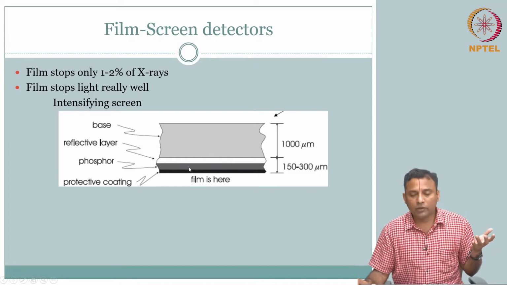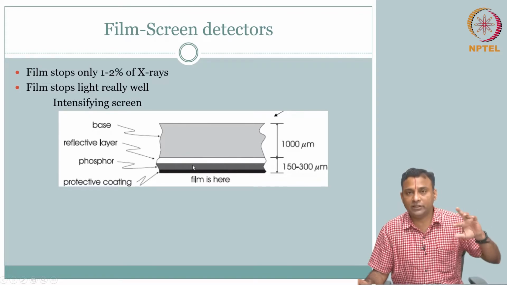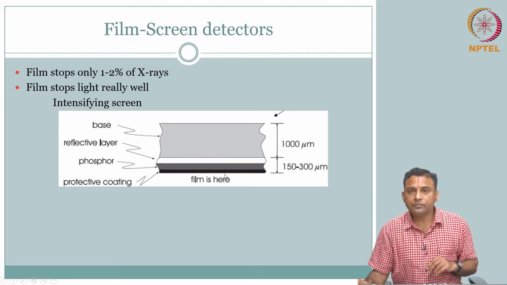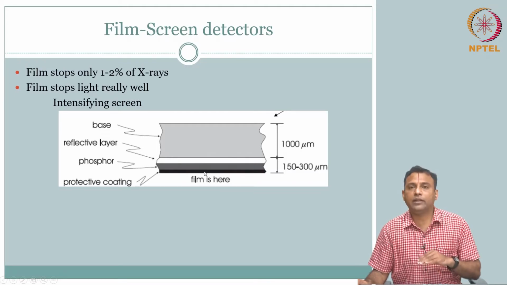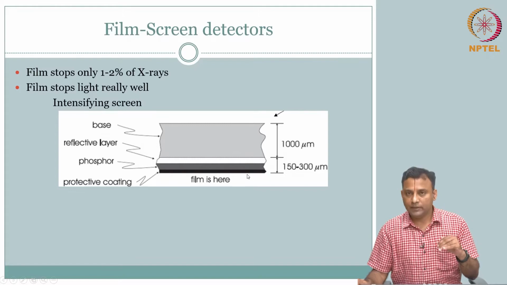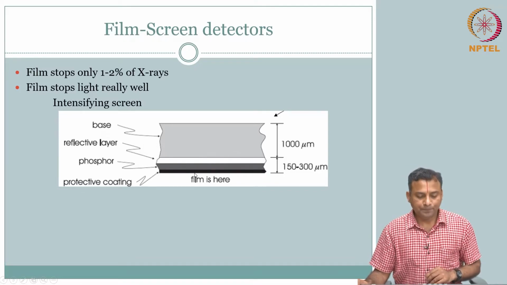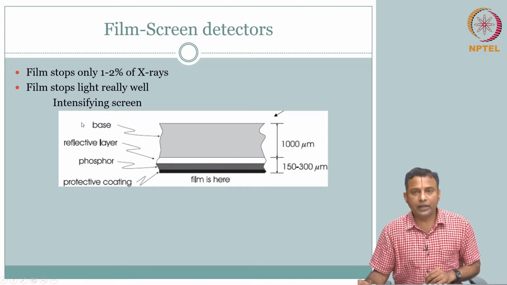So clearly you want to capture all the light photons generated from the phosphor, which is converting the X-rays, onto the film here. The protective coating is just so that you don't damage the X-ray film itself. Okay.